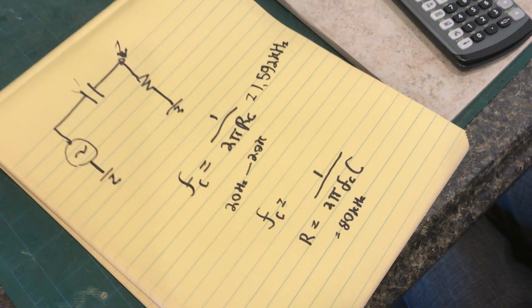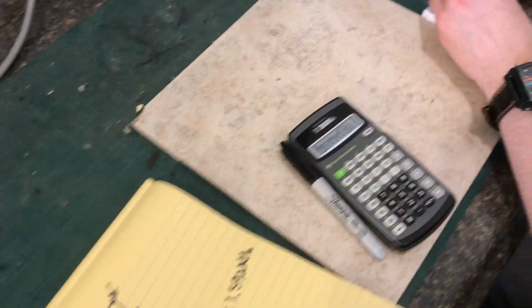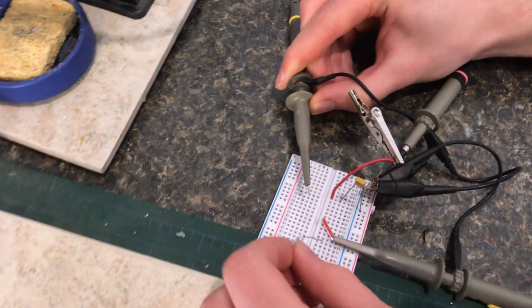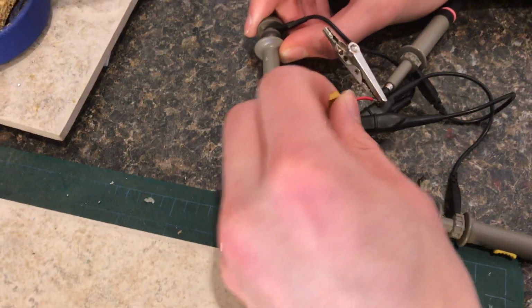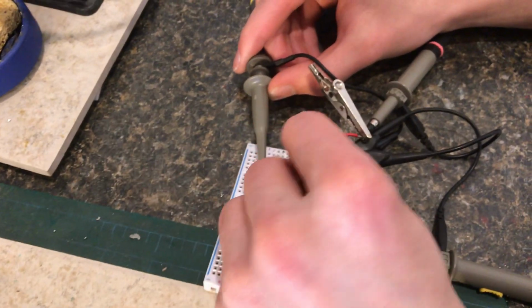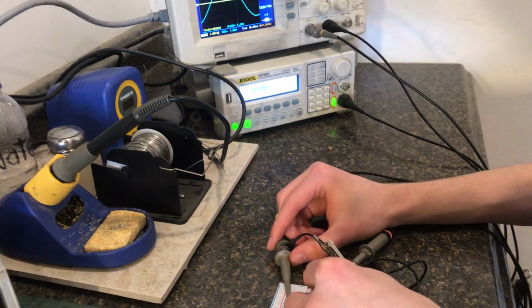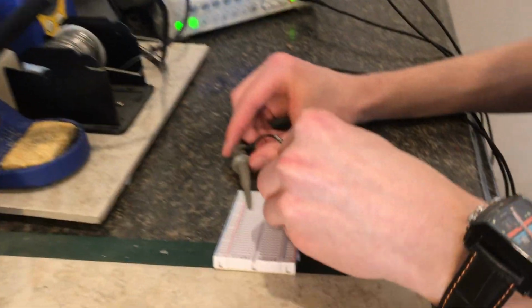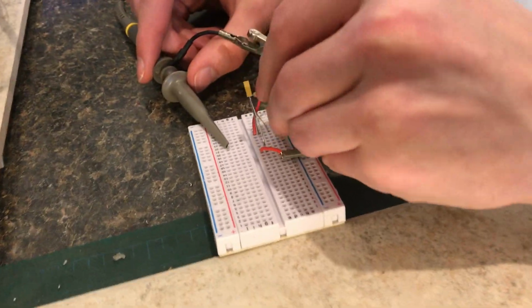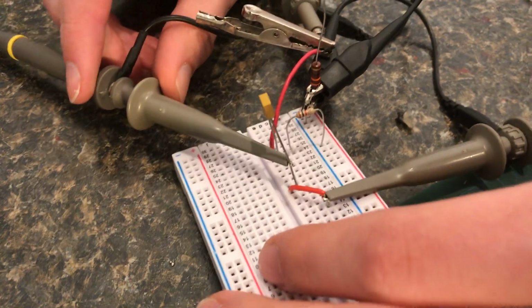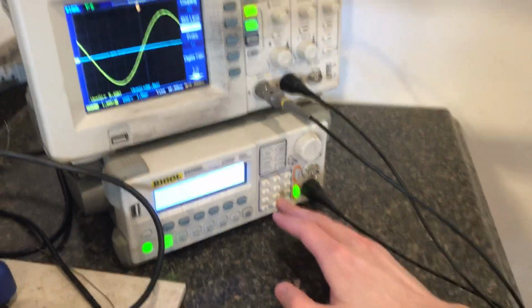And the last thing I will show you is what you already saw when I put these components in the other order. So capacitor goes from input to output, and a resistor goes to ground. All right, we'll hit the corner frequency again.